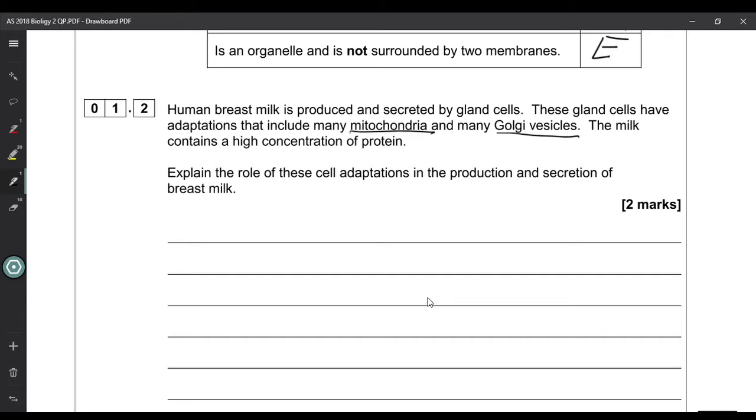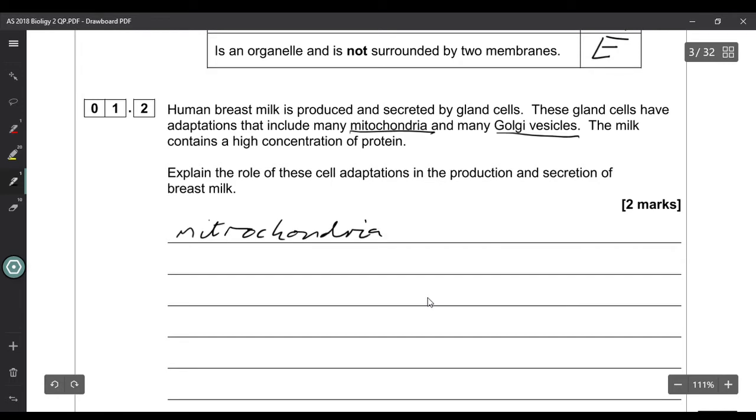So what we can say is that the mitochondria release ATP. We've got to explain why the ATP is required.